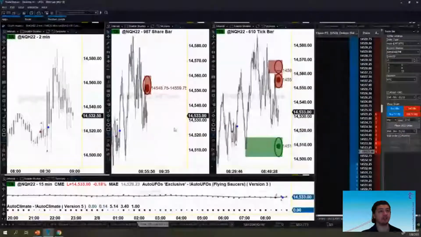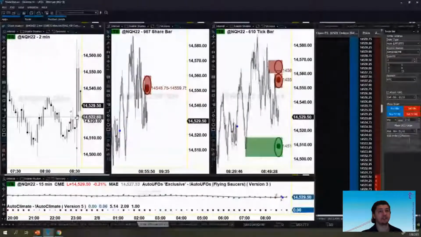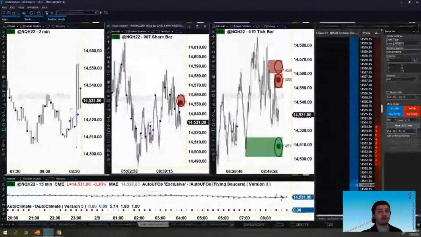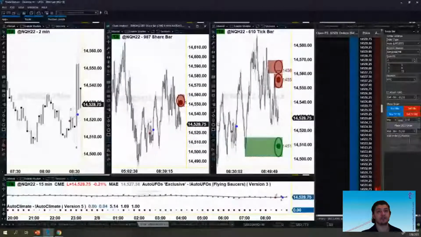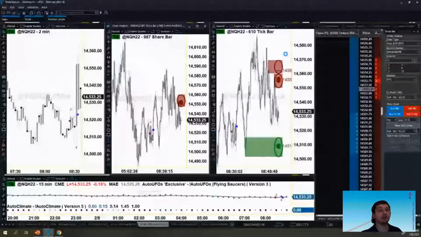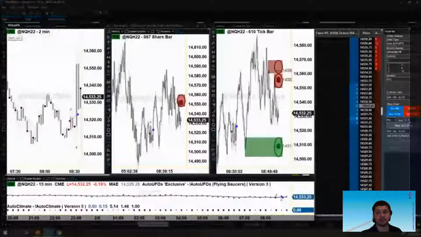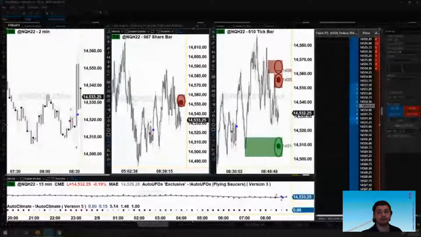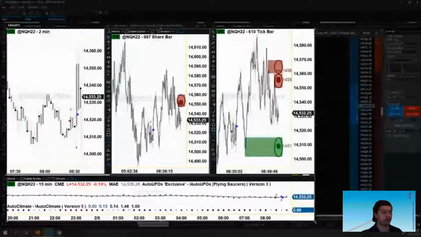So I'm just going to basically discard it and say, even though this probably made some money for somebody, I'm going to screenshot this and say this was an error. 0208 NQ 15-minute exit error.